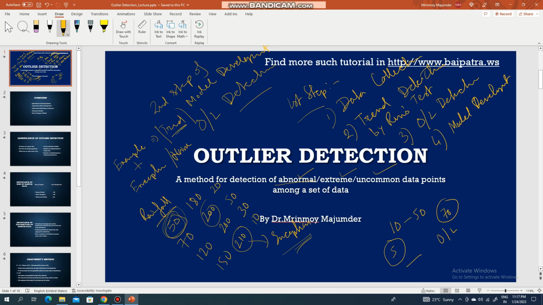Because during trend analysis, the model will consider both the regular data along with the exceptional data, the noise data. So, as a prerequisite to the model development stage, we must detect the noises in our data and delete them. One of the methods for that is outlier detection. By outlier detection, we detect the noises and try to delete them.